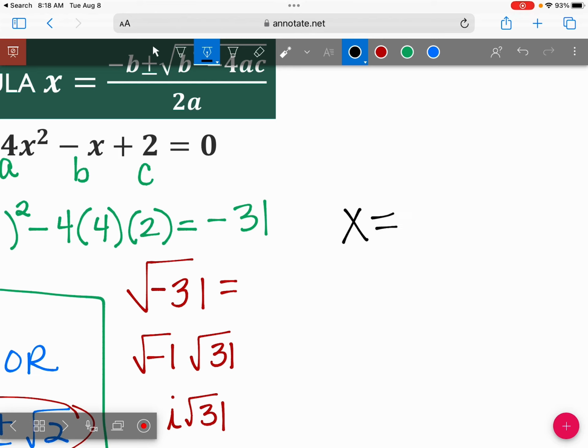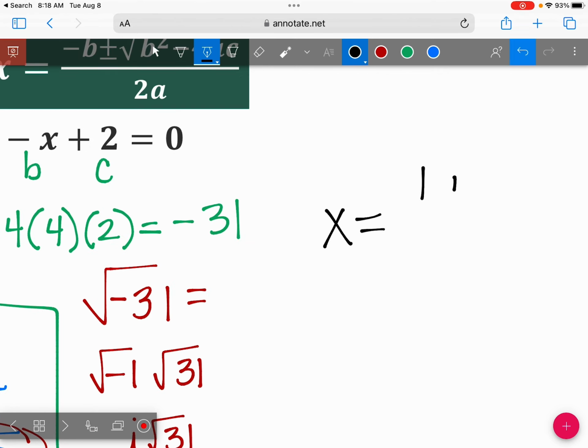So if b is negative 1, what's the opposite of negative 1? Positive 1. So positive 1 plus or minus i square root of 31, and that's all over 2 times a. And a is 4, and what is 2 times 4? 8.